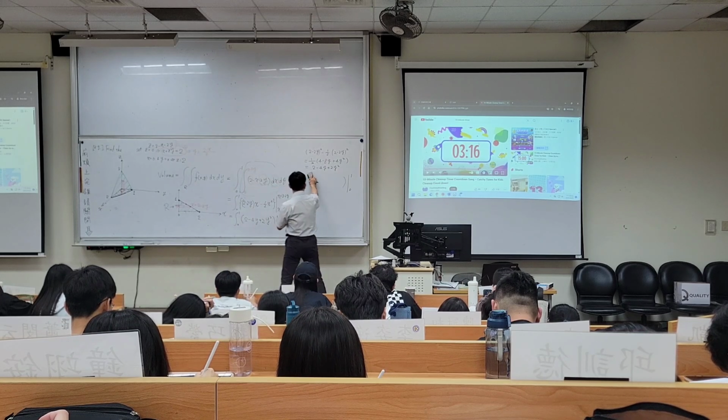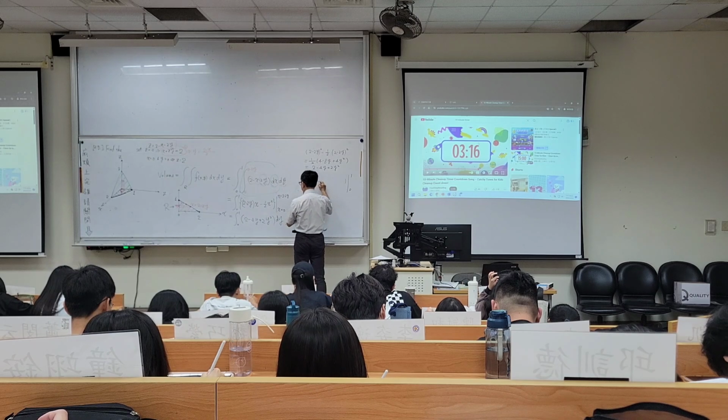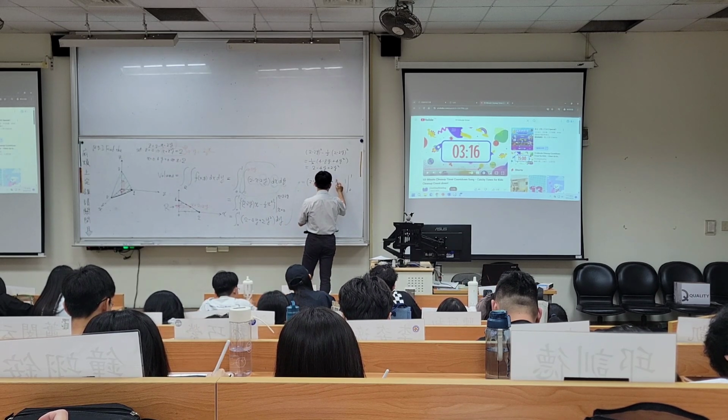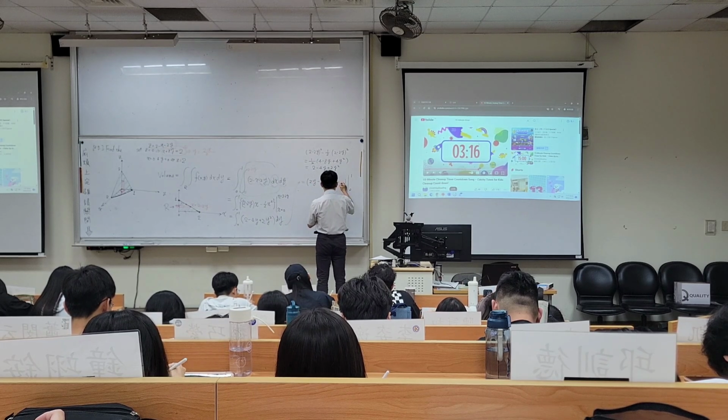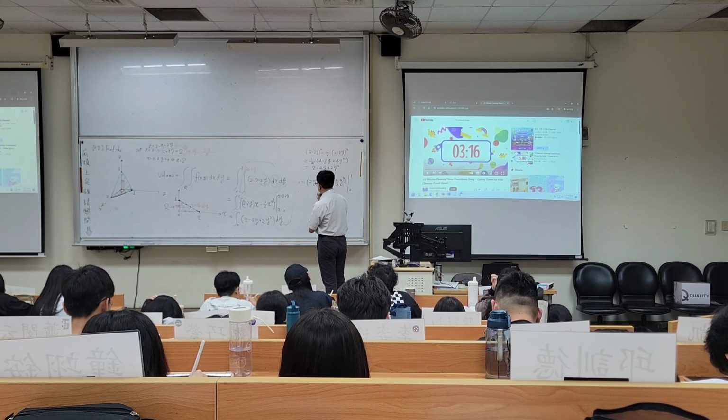Okay, so here it should be 2y minus 2y squared plus 2/3 y cubed. Let's do y squared first.